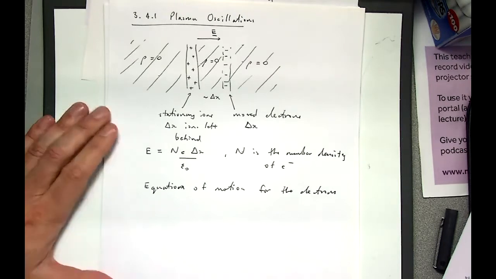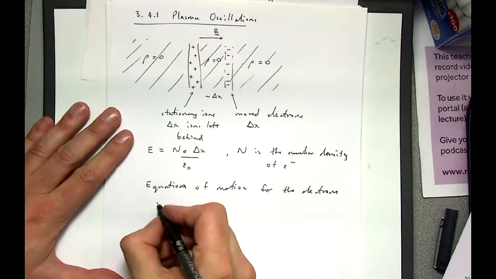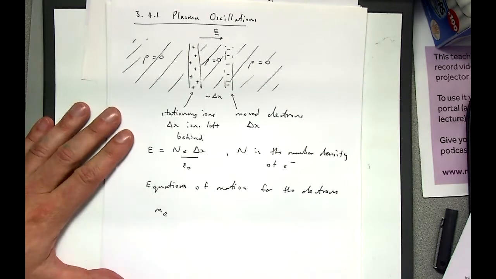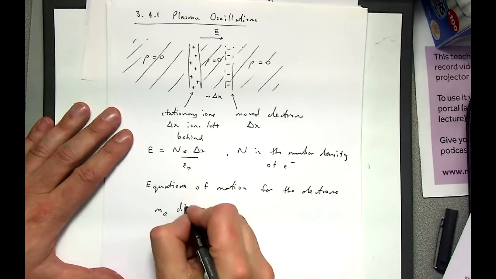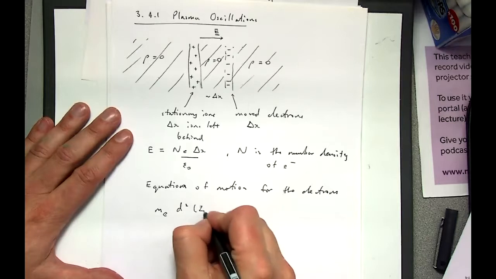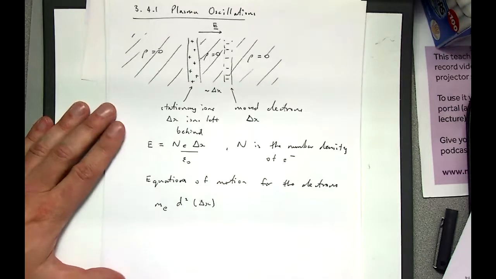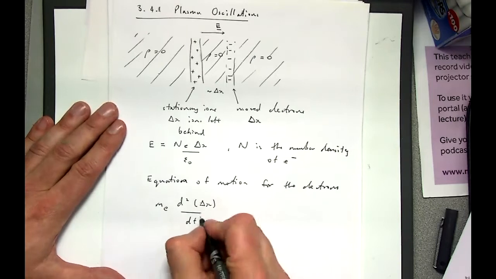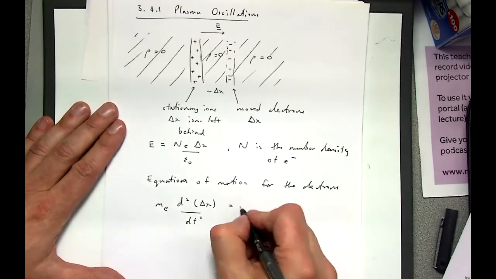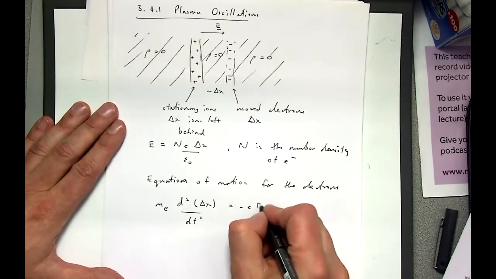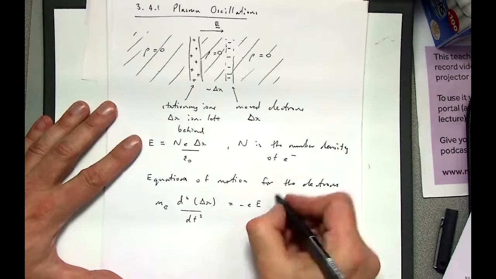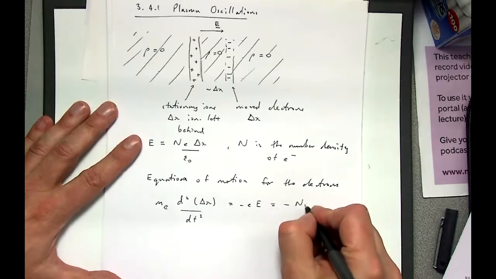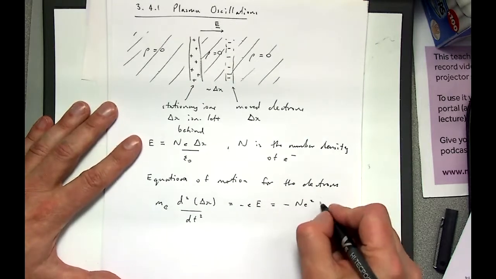In the absence of any other forces, any damping forces, they'll just keep doing that indefinitely. So the whole layer, that layer delta x, is moving under the action of whatever that electric field is. And hey presto, we see that it is simple harmonic motion.